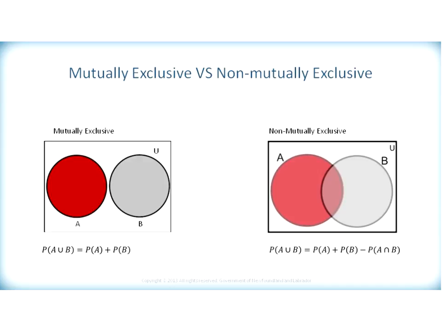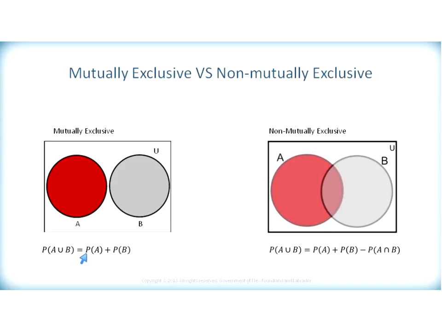Mutually exclusive and non-mutually exclusive. If you're looking at a Venn diagram, if two sets are mutually exclusive, then they are disjoint, having no elements in common. Non-mutually exclusive are where sets would have elements in common.